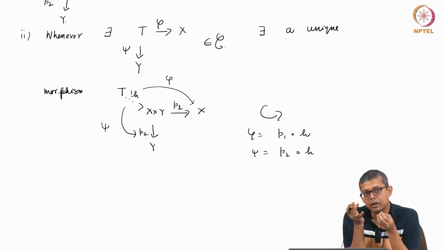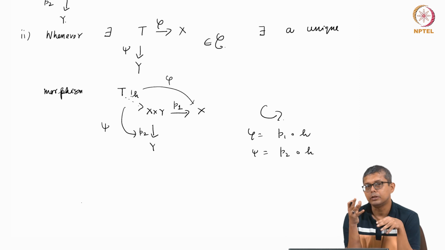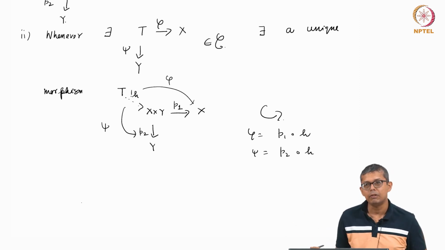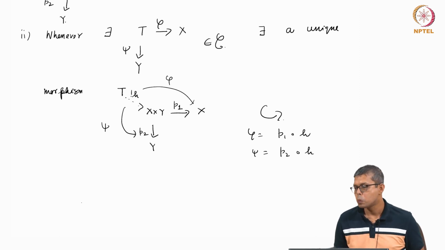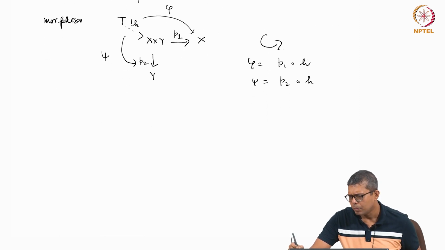In all these categories, the product exists. That means if X and Y are quasi-affine, then X cross Y is quasi-affine. If X and Y are affine, then the product is also affine. If projective, the product is projective, and so on for quasi-projective. And for pre-varieties it is also true; you can define the product.